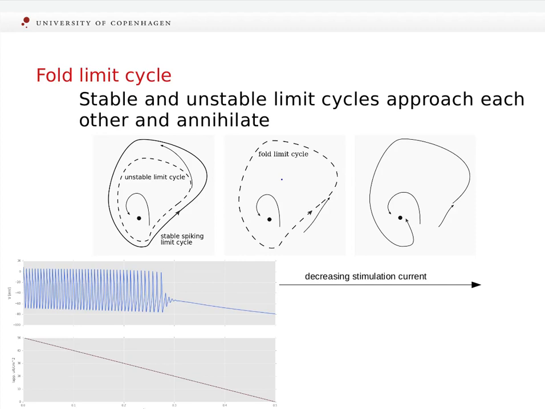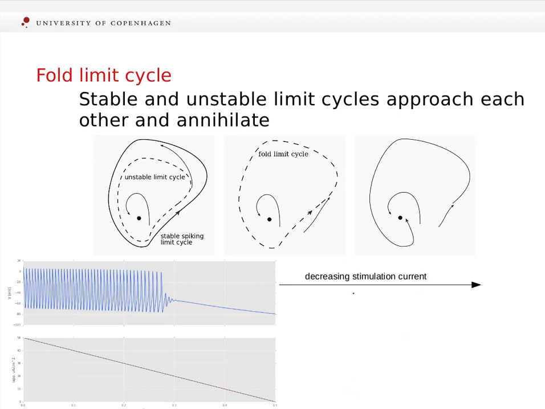Now, in this system, if we went from resting to spiking via subcritical Andronov-Hopf bifurcation, we were talking about the coexistence of a stable limit cycle, an unstable limit cycle, and a stable focus.